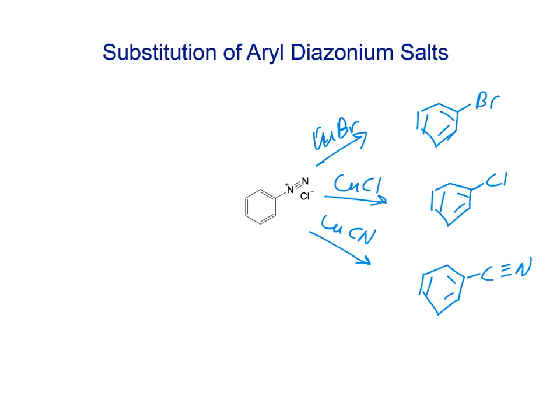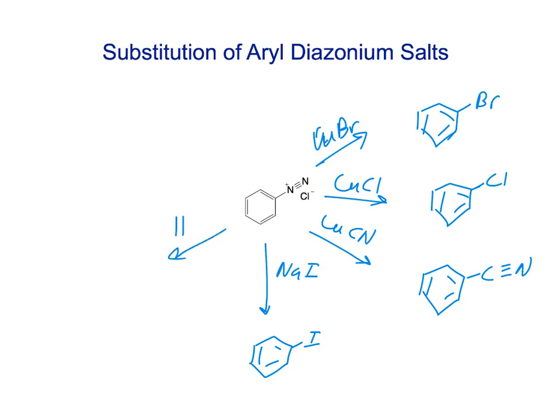We can also substitute if we just use sodium iodide, we can put an iodide on the ring. In each of these cases, N2 would be the leaving group, and it just bubbles away.